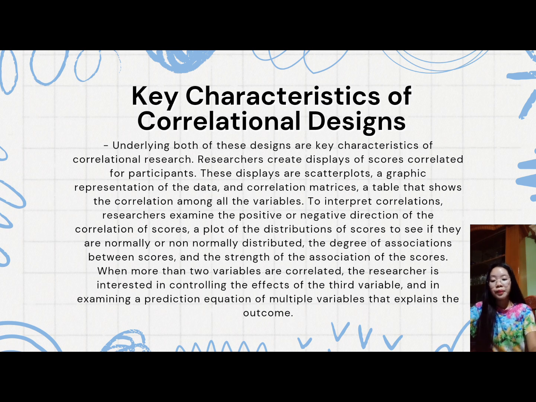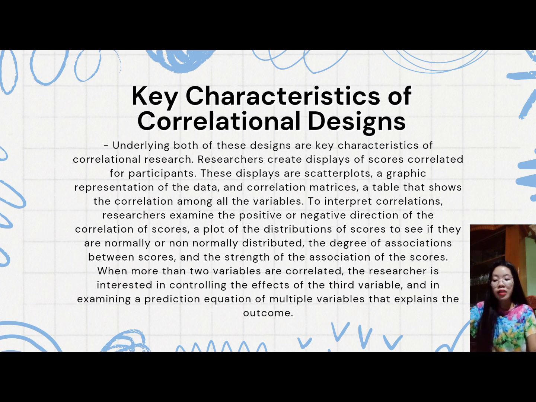Graphs enable us in studying the relationship between two variables, and the correlation matrices or matrix is a table that shows the correlation among all the variables. To interpret correlations, researchers examine the positive or negative direction of the correlation of scores, a plot of distributions of scores to see if they are normally or non-normally distributed, the degree of associations between scores, and the strength of the association of the scores.